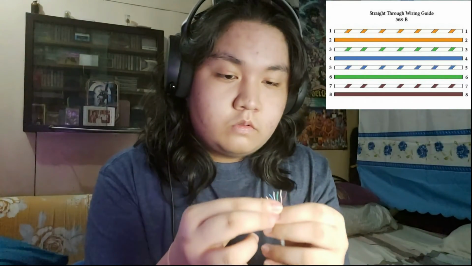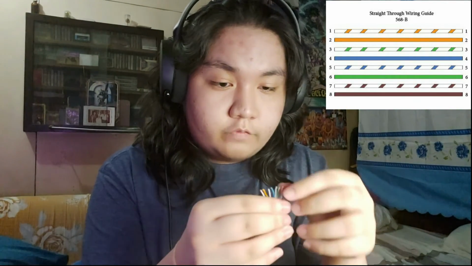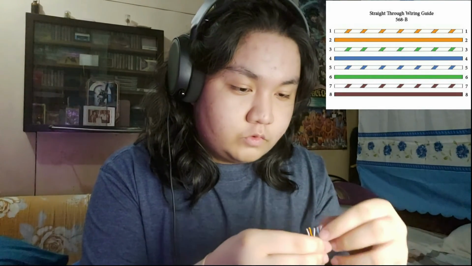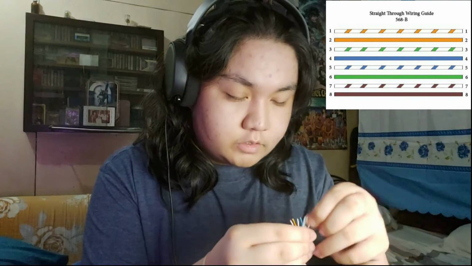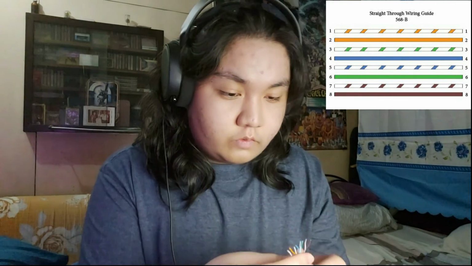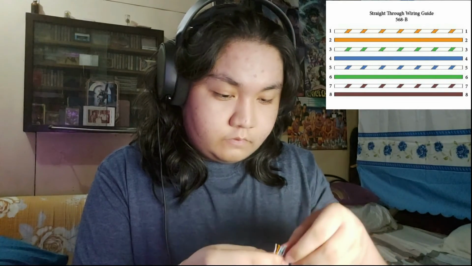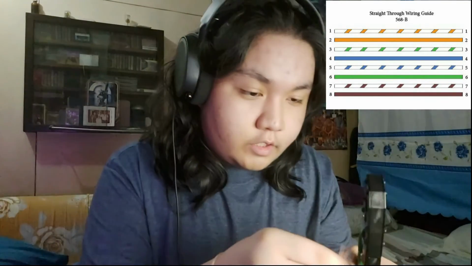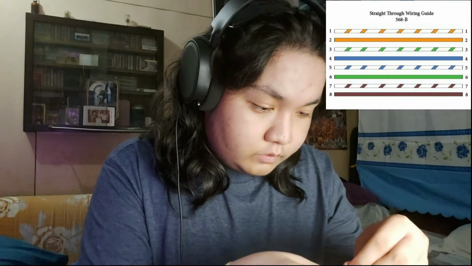So there, as you can see, we have the color codes in order. Then all we need to do is to straighten up these wires, and then we simply use our crimping tool to straighten the wires.